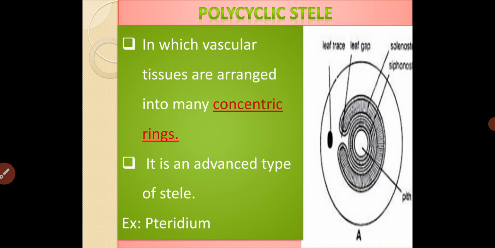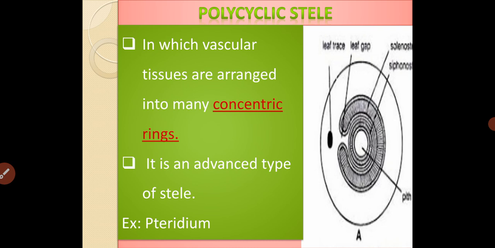Polycyclic stele. It is the condition in which vascular tissues are arranged into many concentric rings. It is also an advanced type of stele, as seen in the case of Pteridium. Poly refers to many, cyclic means ring. Here the stellar arrangement is in a ring shape or circular manner, but here there are many rings.